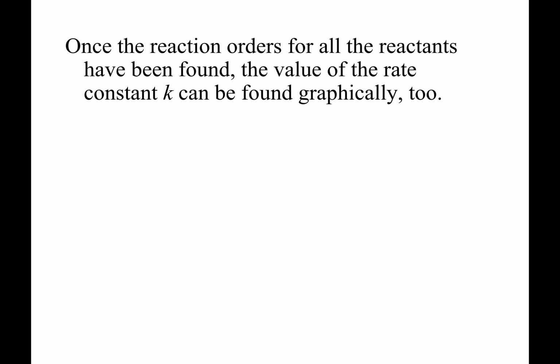It's one more cool thing, and you guys are going to do this with your data you get tomorrow. Well, let's just say now we know our reaction orders. We can do one more plot, and basically we go back to our rate law expression or rate law equation. Now again, we know M and N because we got it from earlier graphs.